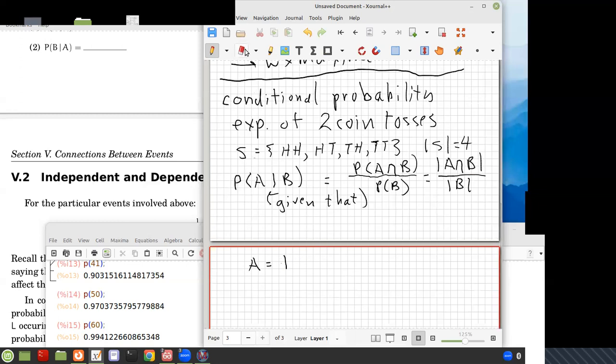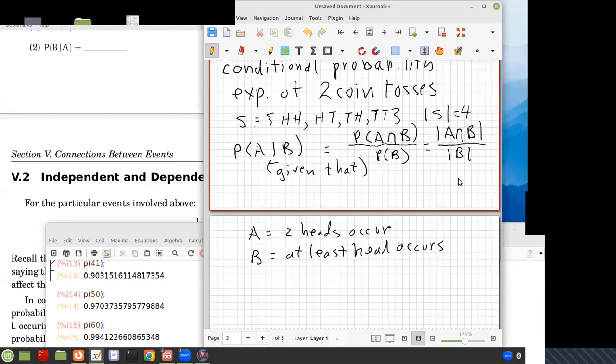A is the event that 2 heads occur. B is the event that at least one head occurs. Well, let's apply the definition and see how that works out.